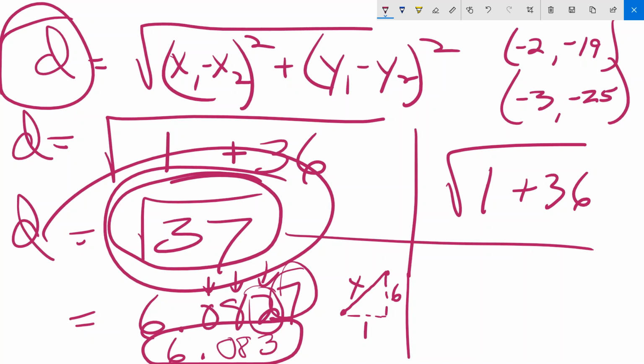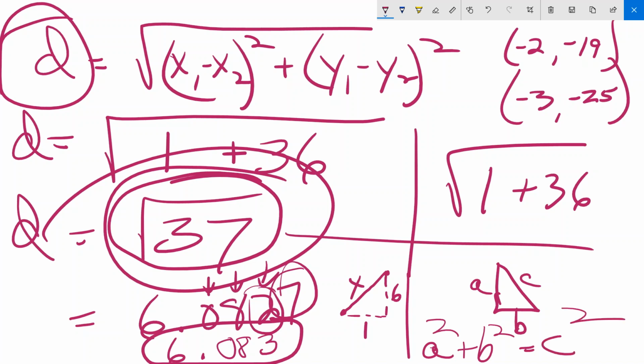It's probably the most critical formula in all of geometry. When you have a right triangle, and one side is A and the other side is B, and the hypotenuse is C, then A squared plus B squared equals C squared. That's the Pythagorean Theorem.